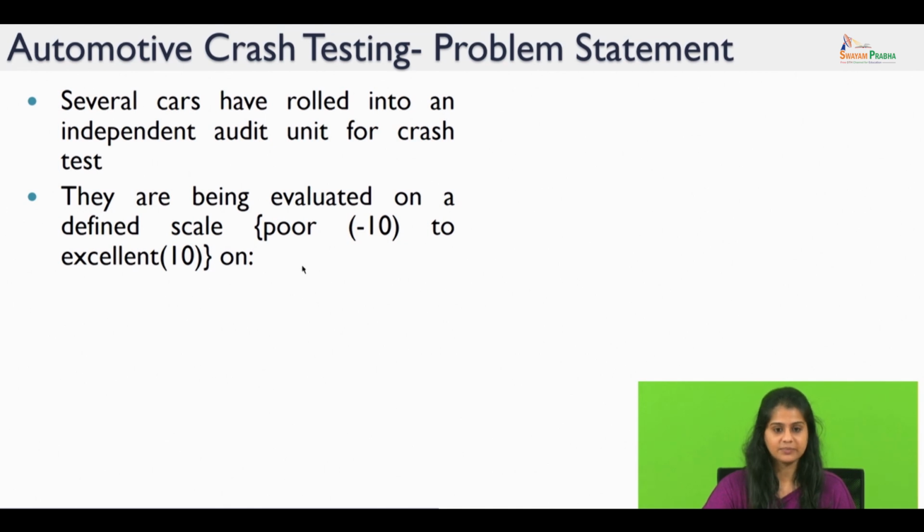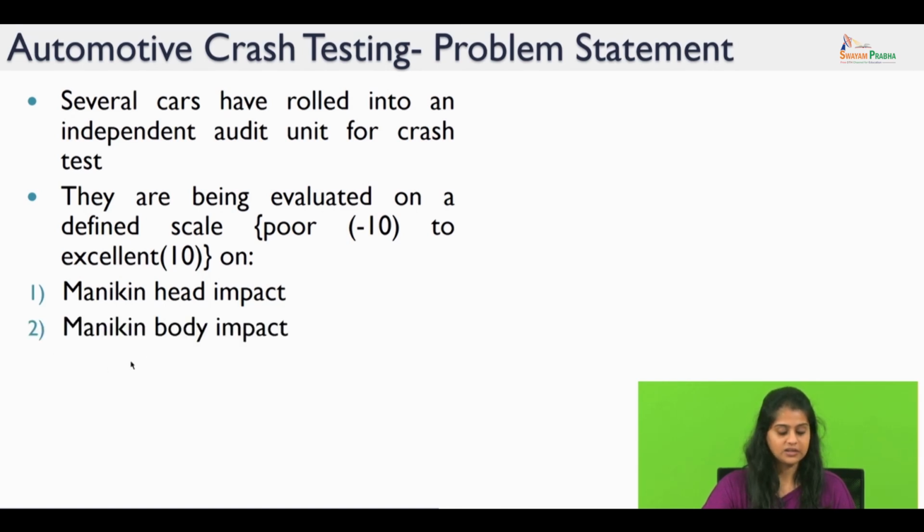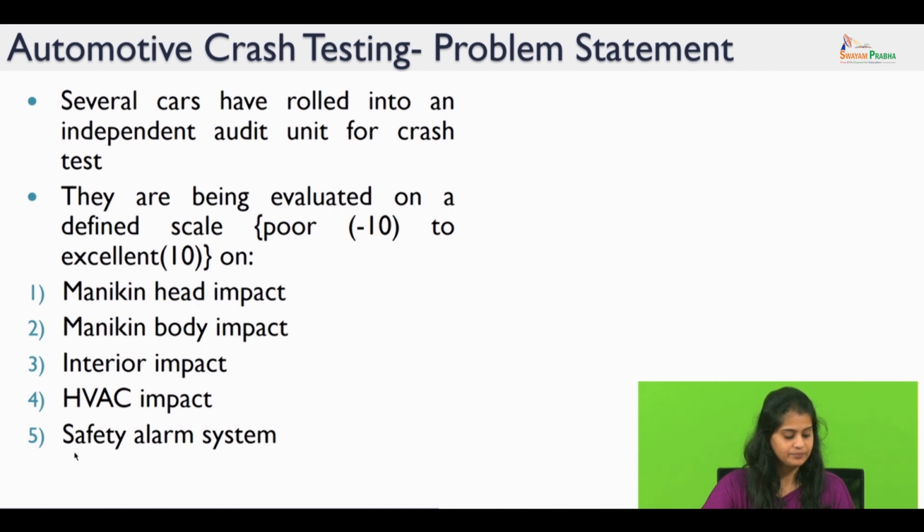So let's look at the parameters they are being evaluated on. I have the mannequin head impact, which is the impact on the head of the mannequin, the mannequin body impact, the interior impact, the heat, ventilation, air conditioning impact, and the safety alarm system.